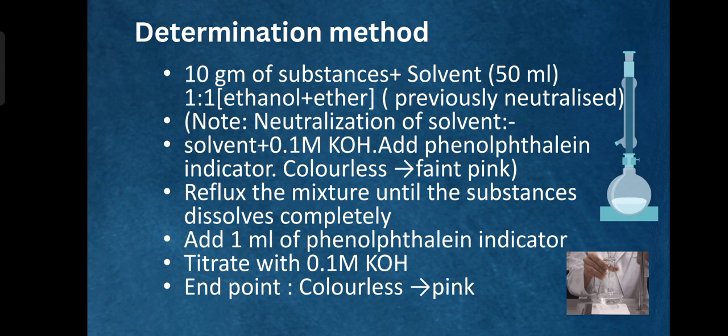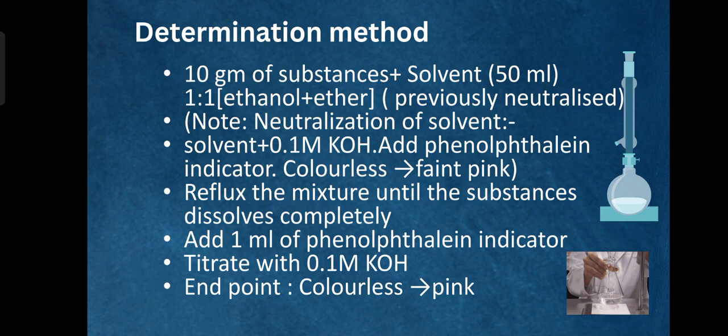Now we have to take 10 grams of the substance and add it to 50 ml of the previously neutralized solvent. In case the substance and solvent are undissolved, then we have to carry out an additional step called refluxing.